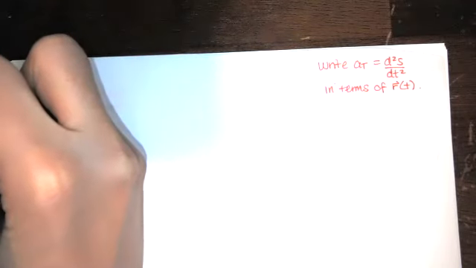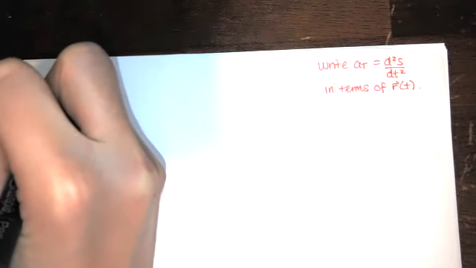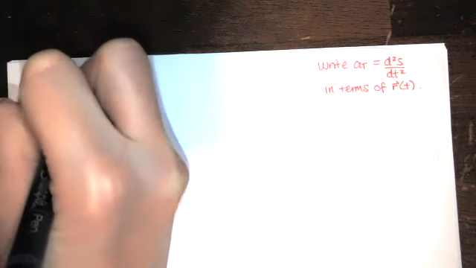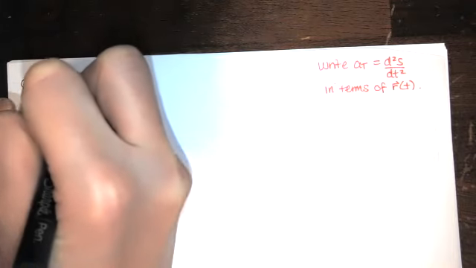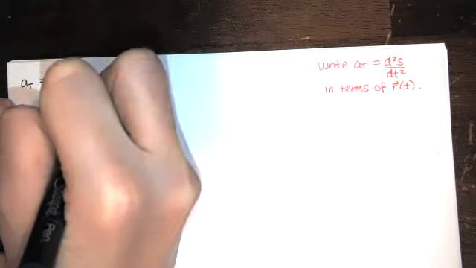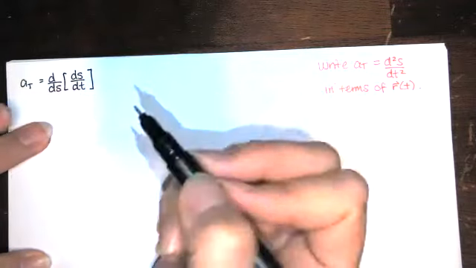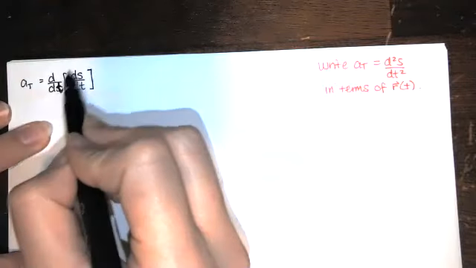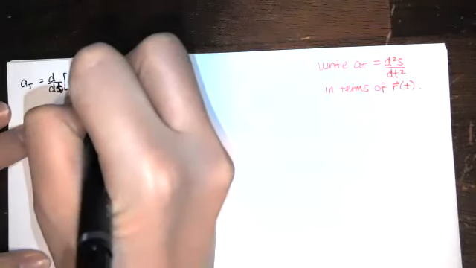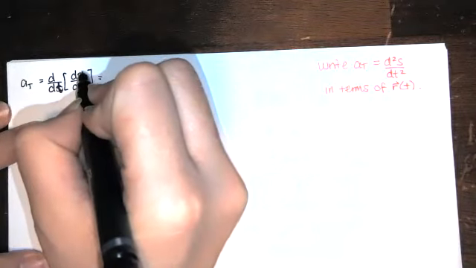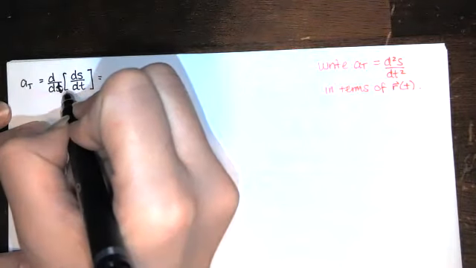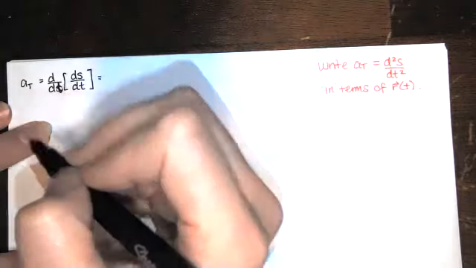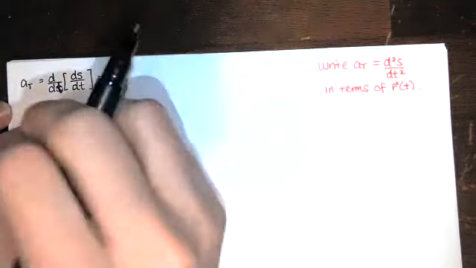Because we know that a sub t is the second derivative of distance traveled along the curve with respect to time. This is speed. It's not velocity, it's speed, because we're talking about change in distance per unit time, not change in position per unit time.